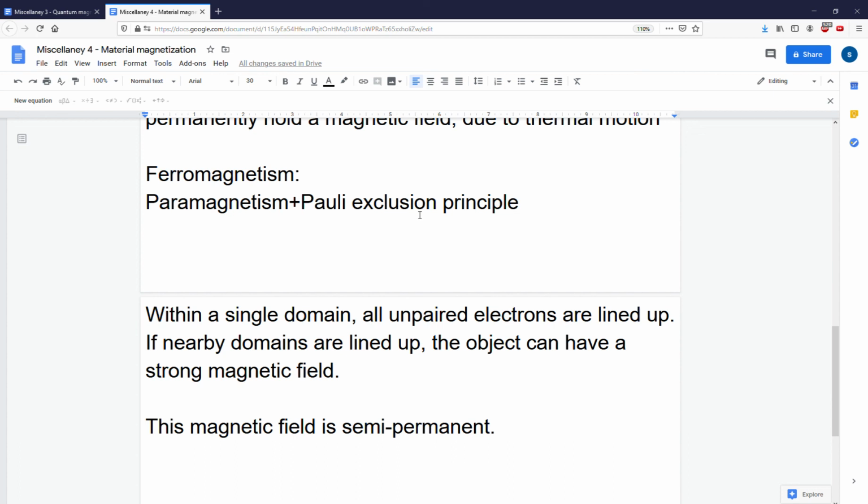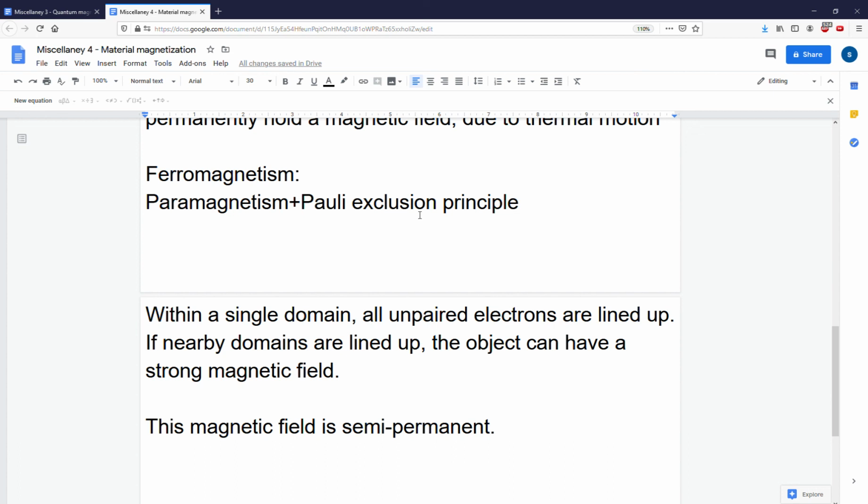And those domains will grow as the electrons try to line up. But then when the two domains meet, they can't line up because the one domain is already established, the other domain is already established, and it would take a lot more effort to change the direction of the domains than they can actually exert on each other.